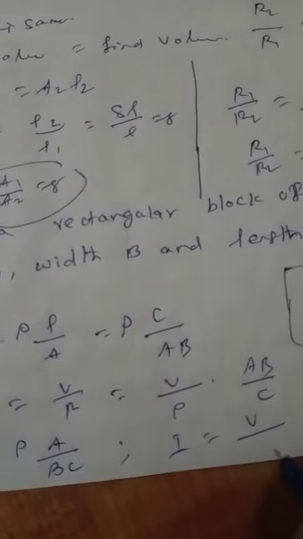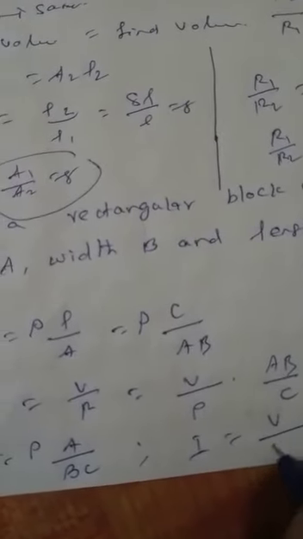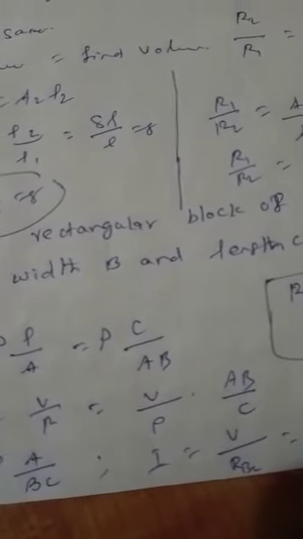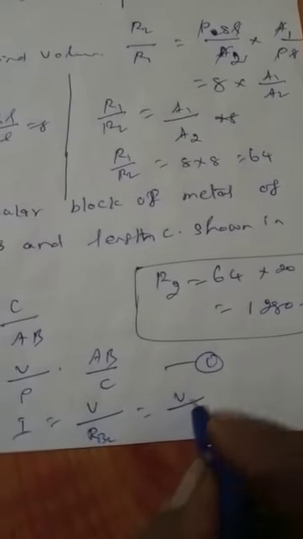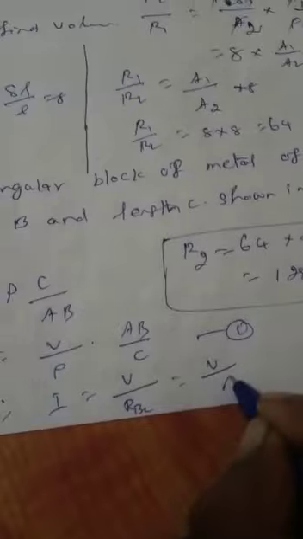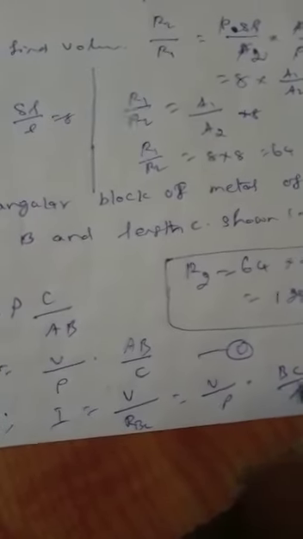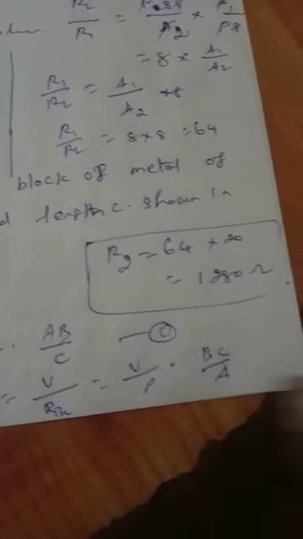Current I is equal to V by R, with R equal to rho A by BC. So the reciprocal goes, giving BC by A. Okay, we need the result in terms of IAB.